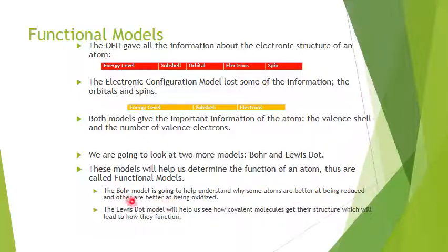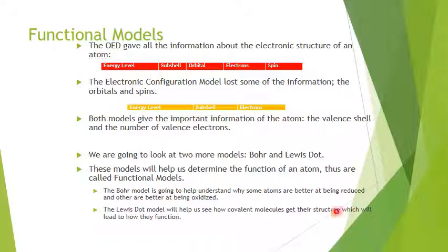The Bohr model is going to help us understand why some atoms are better at being reduced and other atoms are being oxidized. And also why sodium has a plus charge, fluorine has a minus charge, and so forth when they're ions.